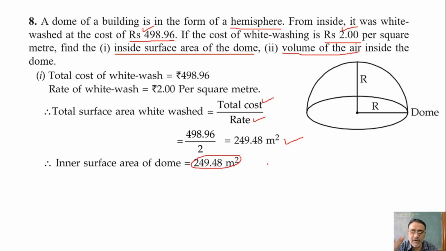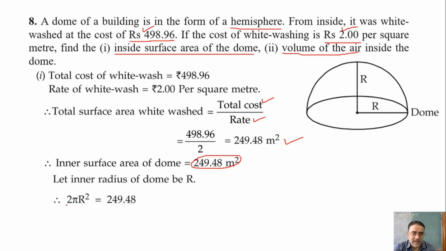What is the formula of inner curved surface area of dome? 2 pi r square. Very good, 2 pi r square. So let the inner radius be r, and therefore 2 pi r square is equal to 249.48. So substitute the value of pi.